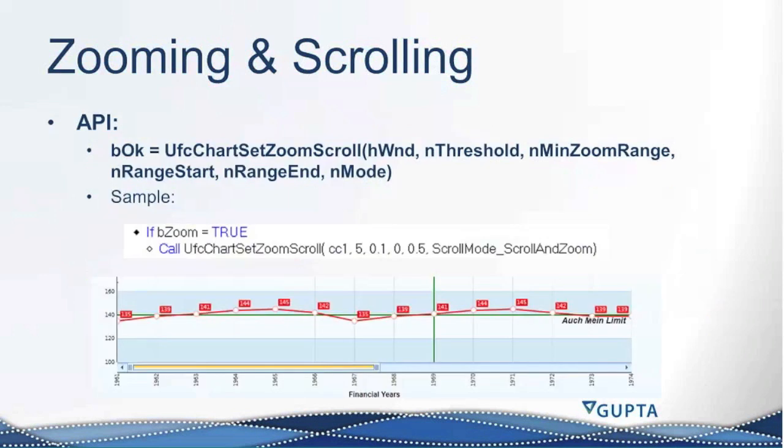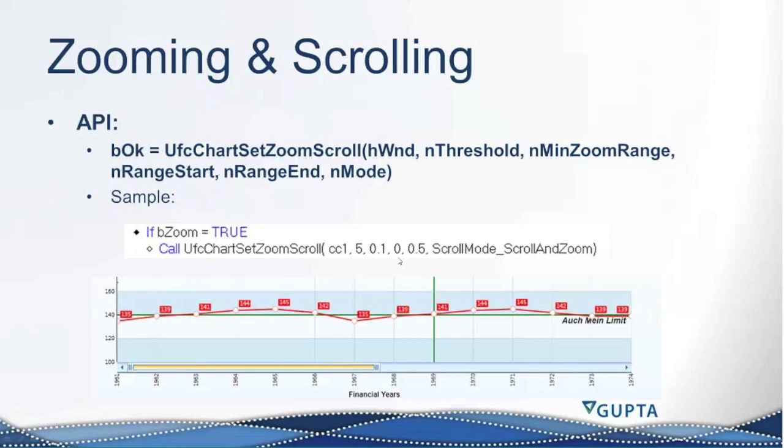So this API call, I switch it on with a special Boolean variable. I use UFC chart set zoom scroll for a special control. After 5 points, I want to show this scroll bar, and I want to display 10% of the data, also a zooming factor of 10 times. The third parameter is 0.